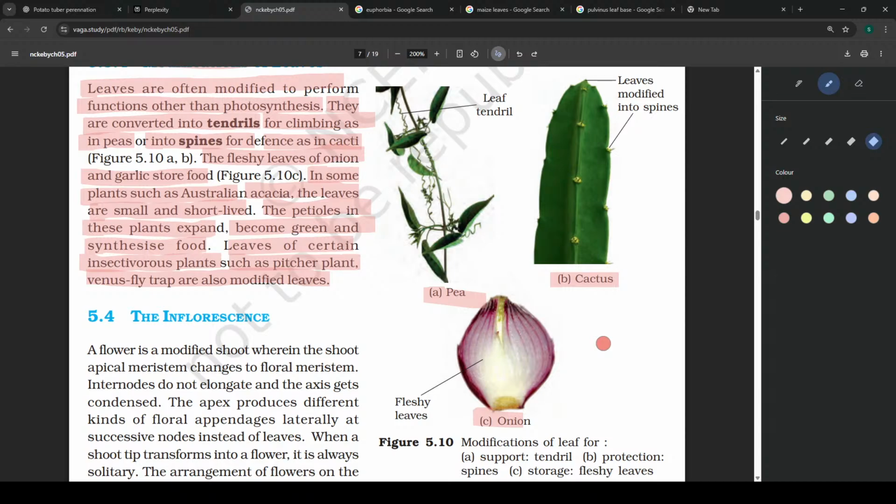After the leaves die and fall off, the petiole, the stalk of the leaf, expands and gets swollen to become a photosynthesizing organ. This structure formed from the petiole is called a cladode. It helps in photosynthesis. And in the famous Venus flytrap and pitcher plants, those insectivorous plants which capture insects, the structure that captures insects is actually a modification of a leaf.